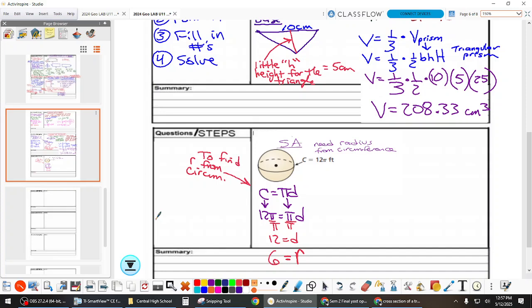Any questions on that part? Okay. And then for surface area, we're just plugging in what we just found. So surface area of the sphere, 4 pi r squared. We just found out that r is 6. So 36 times 4 is 144. And we'll just call that in feet. This is feet squared.